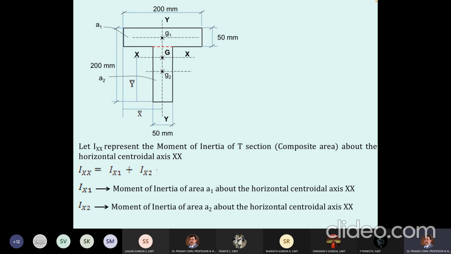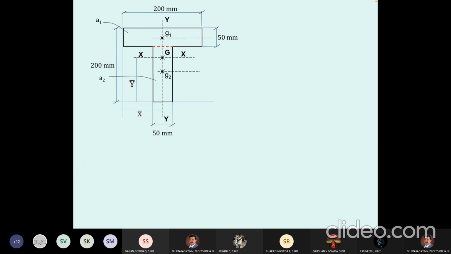So that I will write Ix1 will be equal to Igx1 plus A1 YC1 square. This is nothing but the equation derived from the parallel axis theorem. What is Igx1?